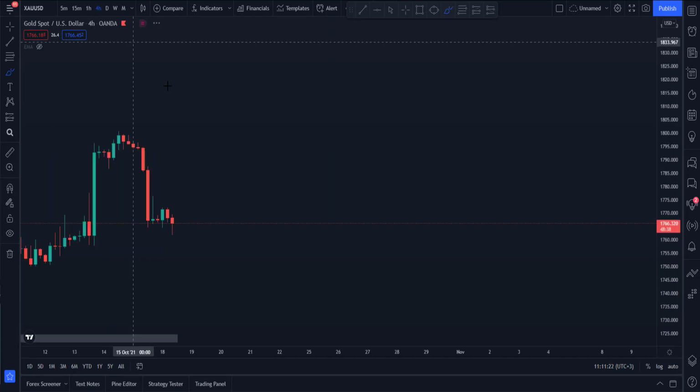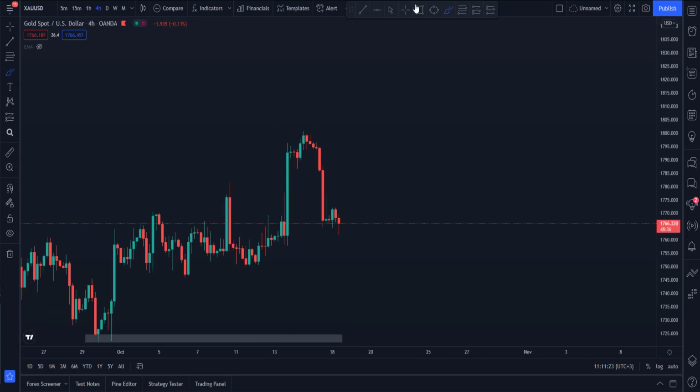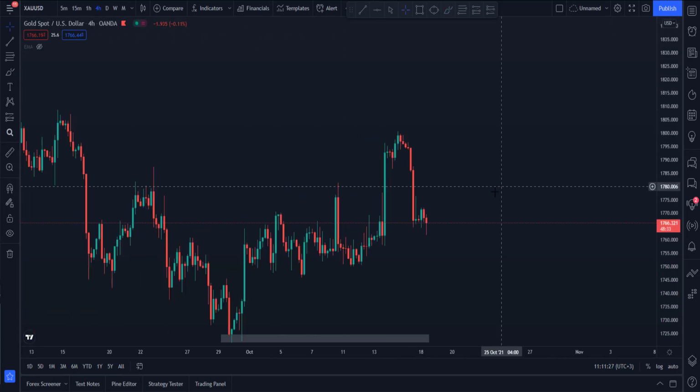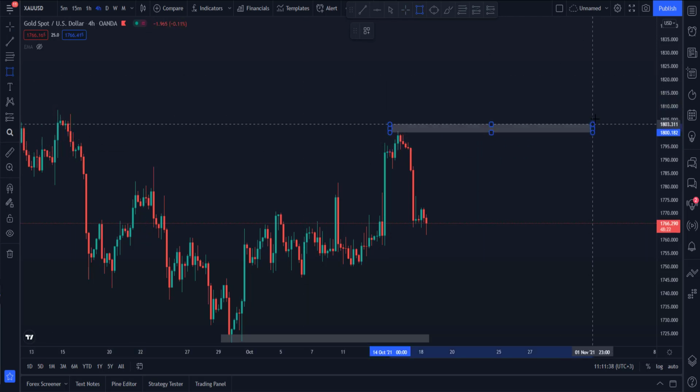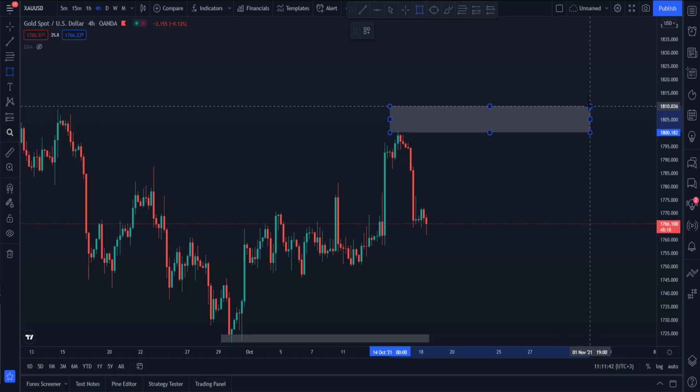However, another case scenario is if we actually see another retest of previous highs, and we've actually got a zone from the 1800 level up to around 1810, so right here. And that's pretty much this previous high right here.